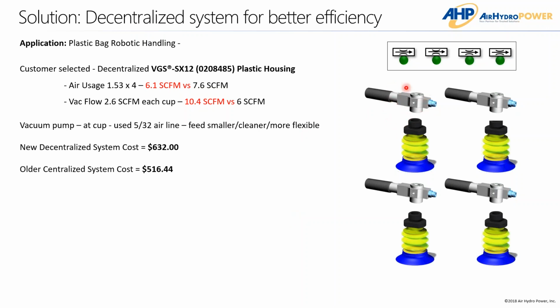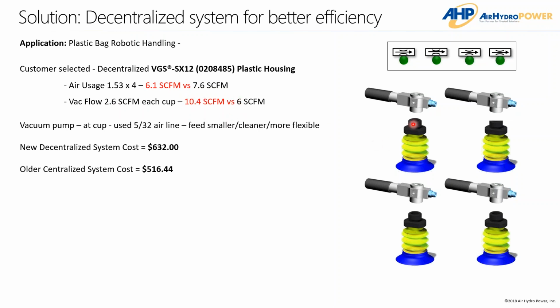Here you see a VGS SX12, just a plastic bodied VGS, to decrease the additional weight that they were concerned about. Here you'll see air usage went down, and because we're getting a much more efficient system, the vacuum flow went up substantially.